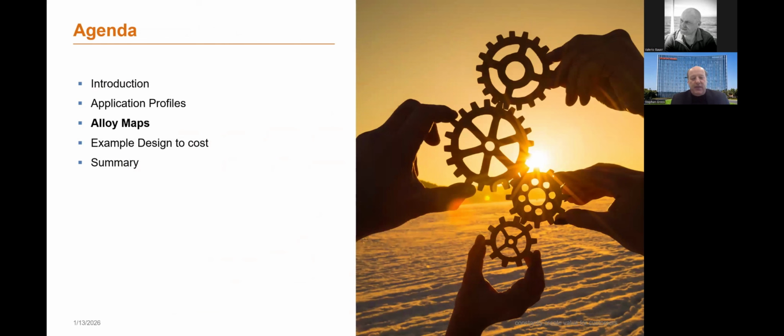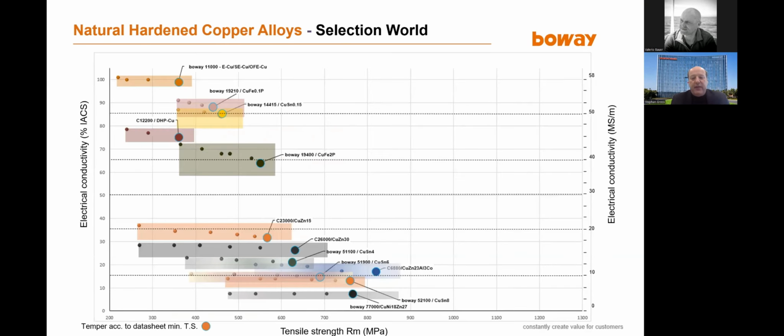Good. Let's go to alloy maps, and I have made some effort in getting the positioning of alloys a little bit more precise. As such, you see in the first place the conductivity on the left side or right side, depending on which unit you prefer. And we see below the mechanical properties, in this case, the tensile strength.